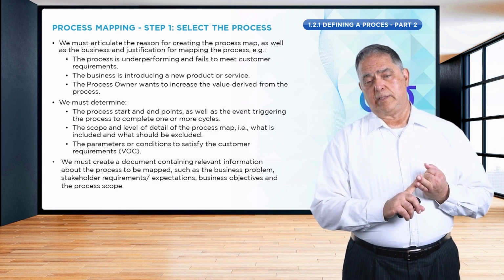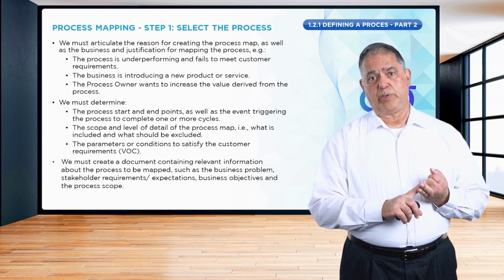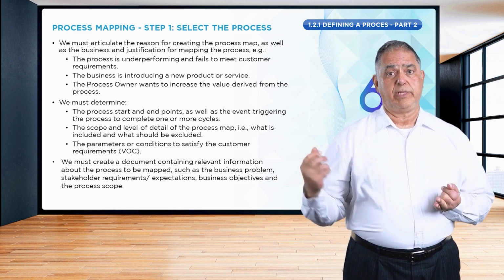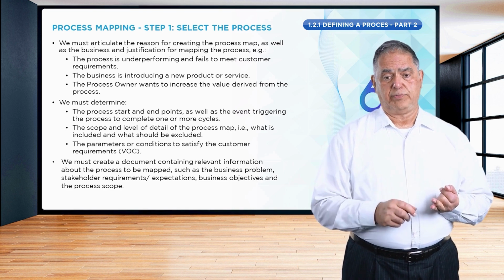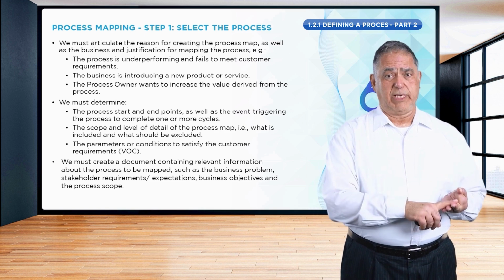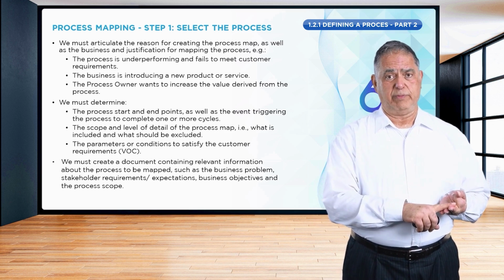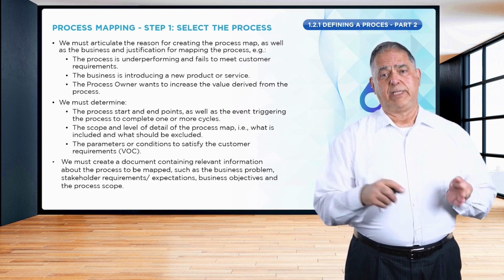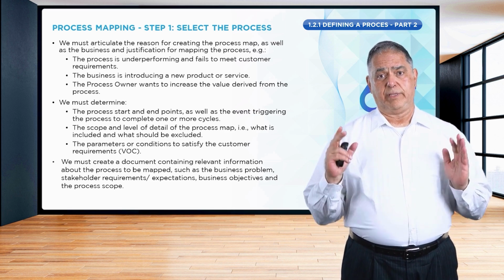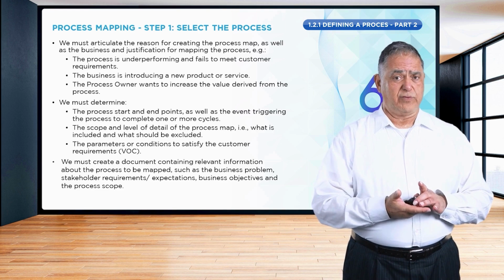These, as we'll discuss later, are known as critical to quality, and they're associated with critical process outputs. What are the business objectives associated with the process to be mapped? And is the process to be mapped aligned with the general goals and objectives of the organization?